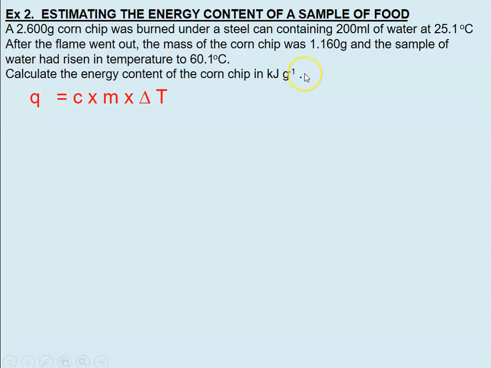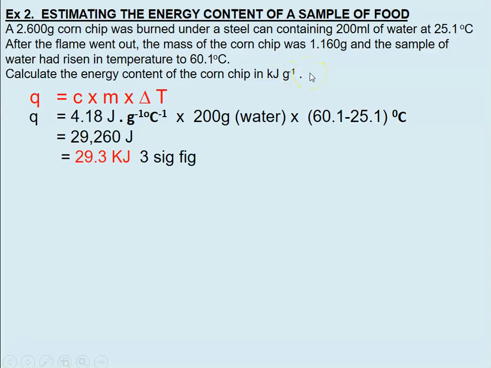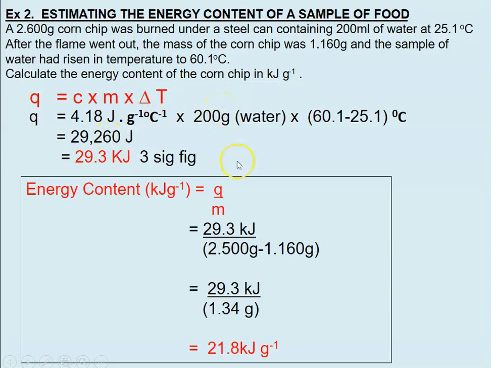So same kind of question as the previous one. Work out the amount of energy that's trapped in the water in kilojoules, and then work out you've got that much kilojoules for that much biscuit that was combusted, and then you can work out how many kilojoules for 1 gram by dividing this and this.